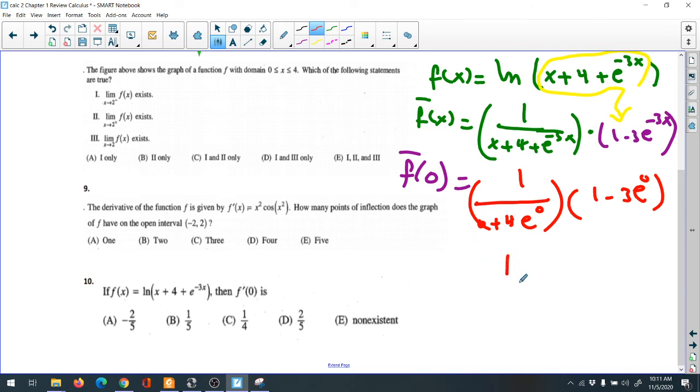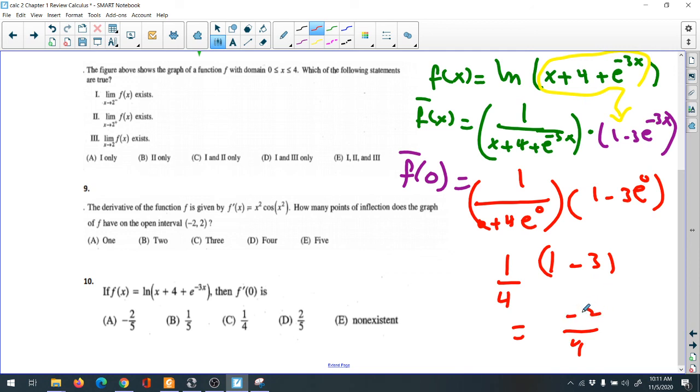So here will be 1 over e to the 0 is 1. 1 times 4 is 4, so it will be 1/4. And this will be 1 minus e to the 0 is 1 times 3 is 3. Then it's 1 minus 3 is -2.